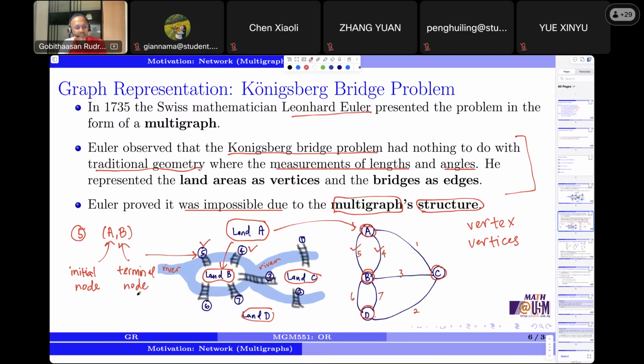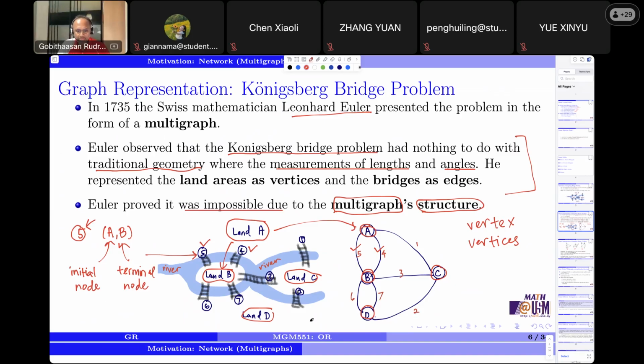So an edge basically represents an ordered tuple, so it has order A to B. That is one edge, representing bridge 5. Similarly, we can represent all the bridges and then connect them together to represent a multigraph.